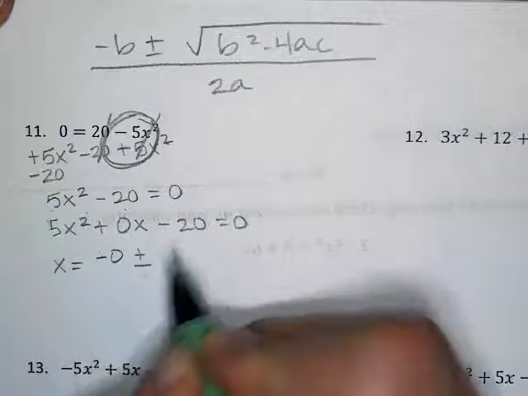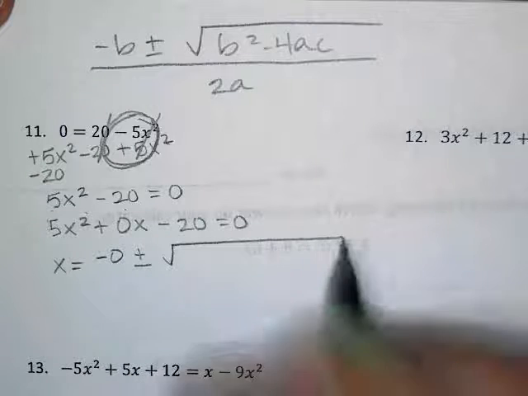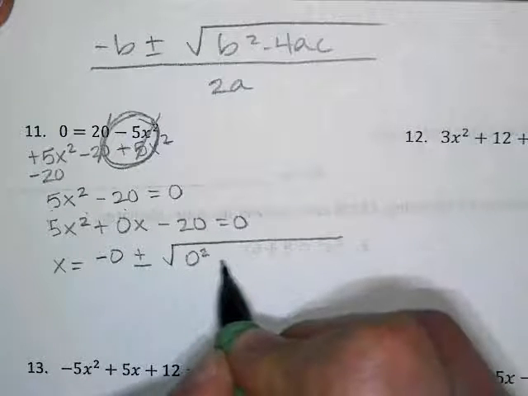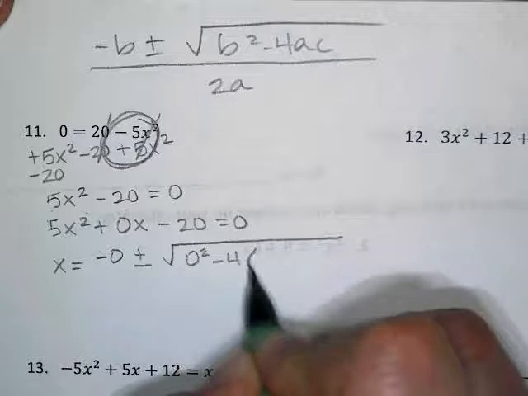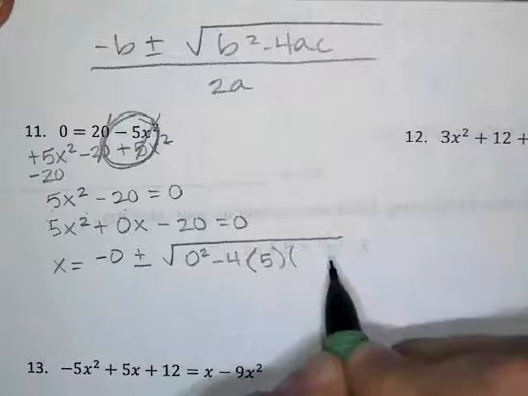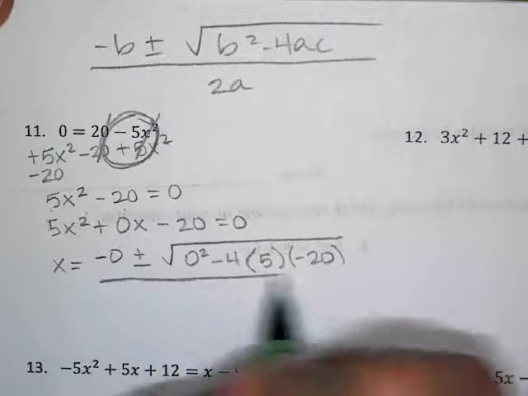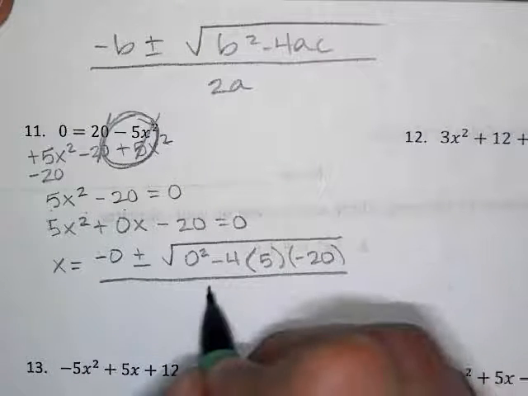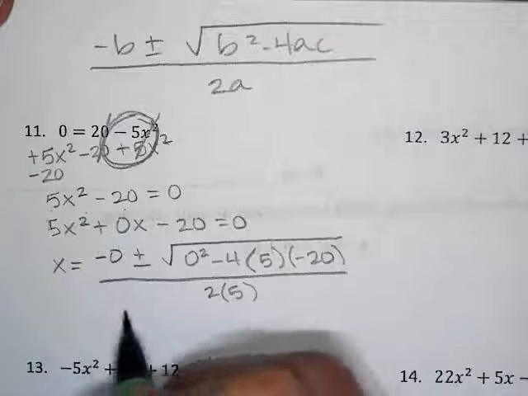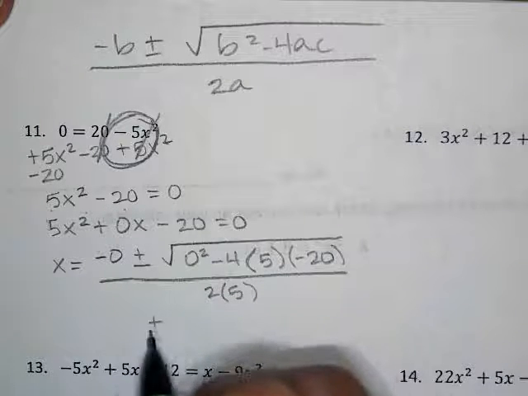Plus minus the square root of 0 squared minus 4 times... Divided by... Okay, so the -0 in the front is just going to kind of go away.